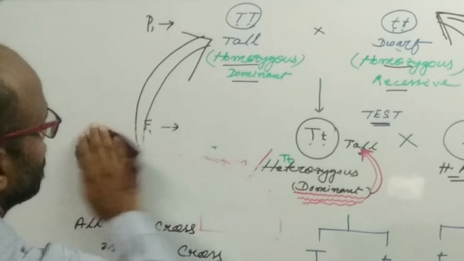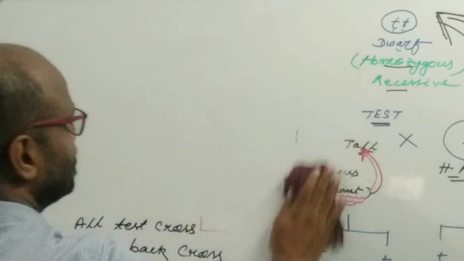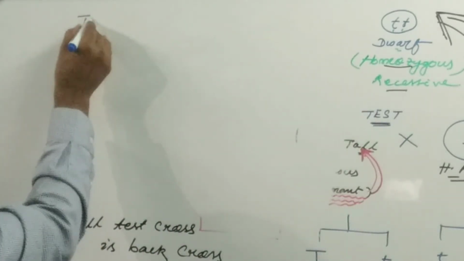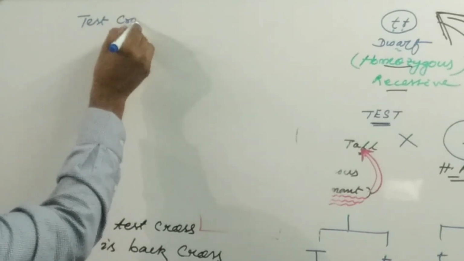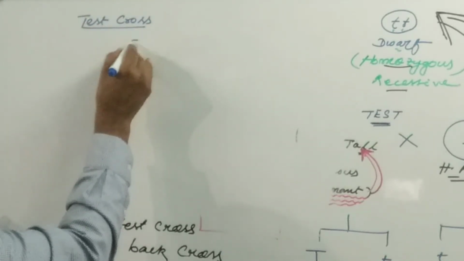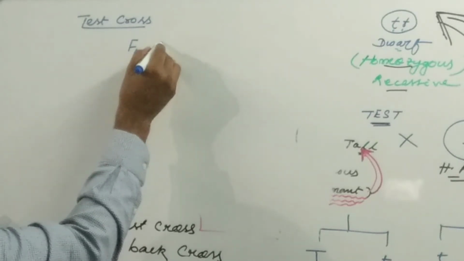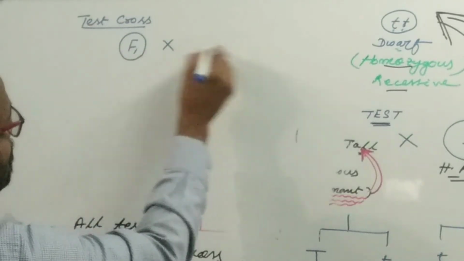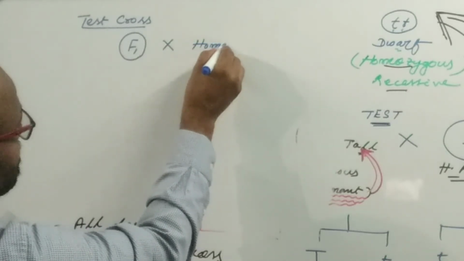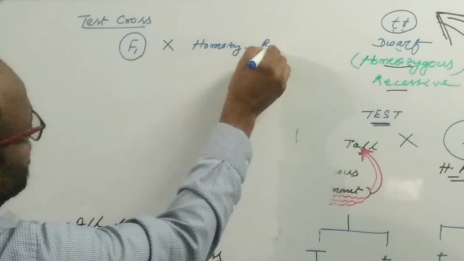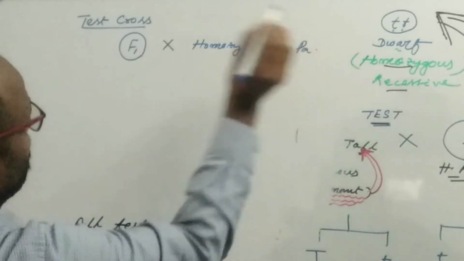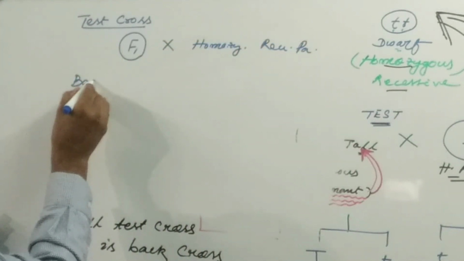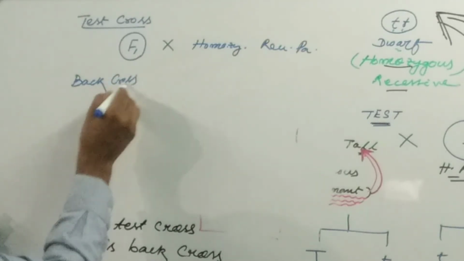So now we confirm that the test cross is the cross between the F1 offspring and the homozygous recessive parent. But what is the meaning of back cross?